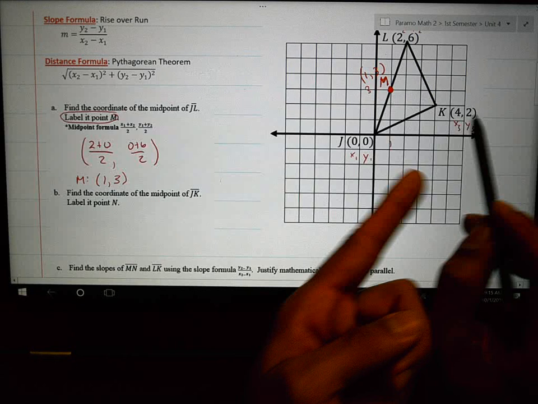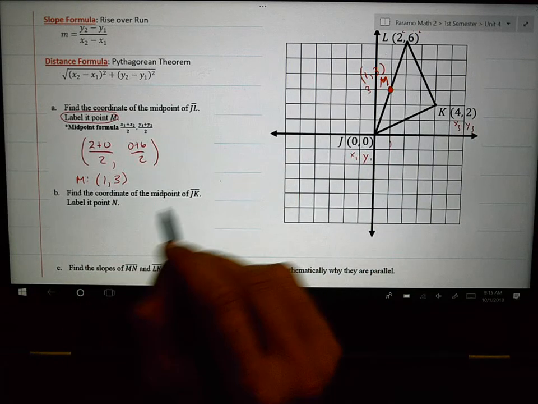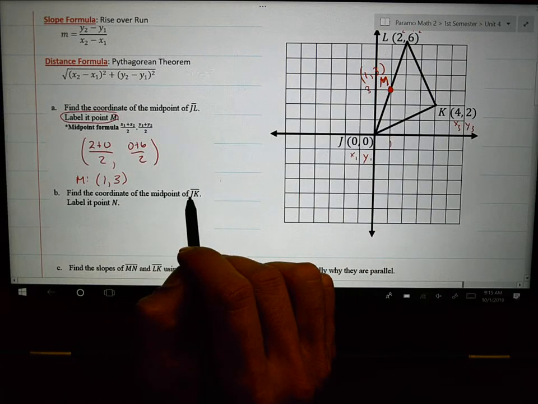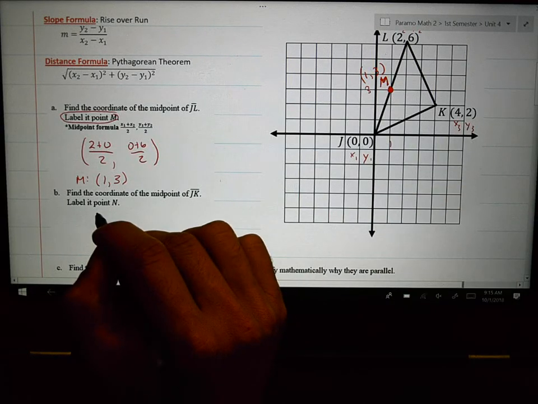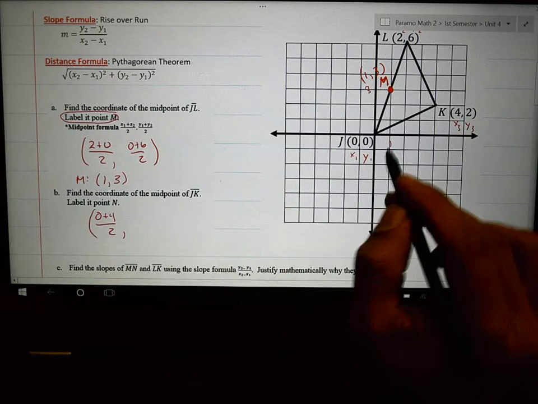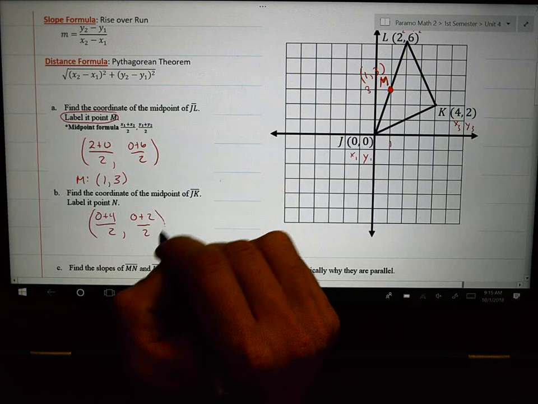I can do my average of my x's and the average of the y's. Same exact thing. I'm going to take this x and this y because I'm finding the midpoint of JK. 0 plus 4 for the x's. And how about 0 plus 2 for the y's?